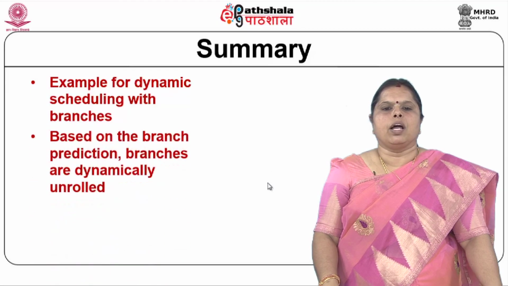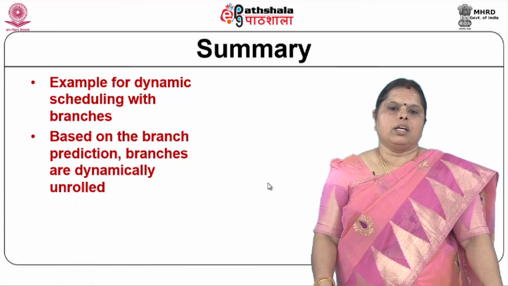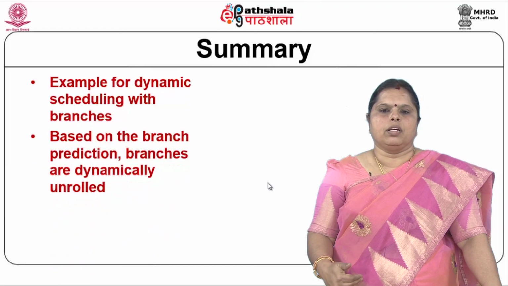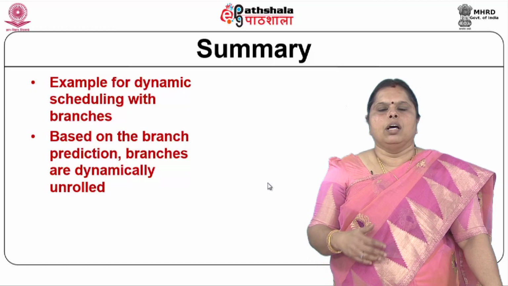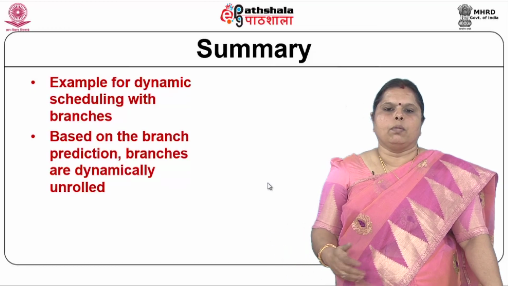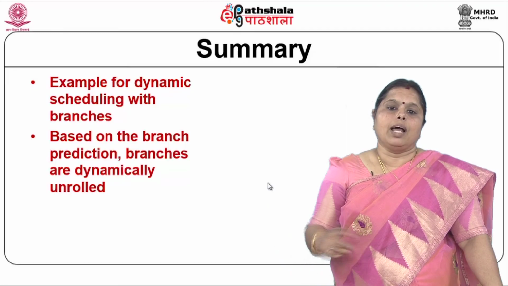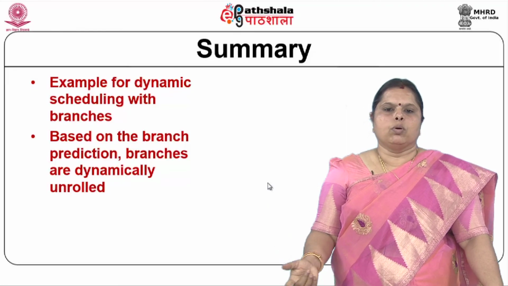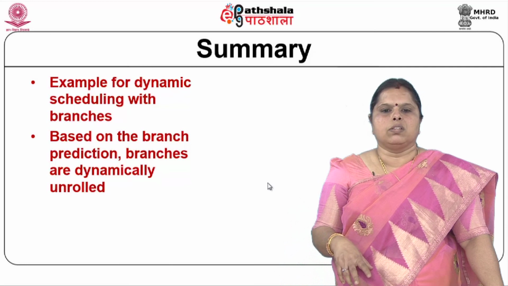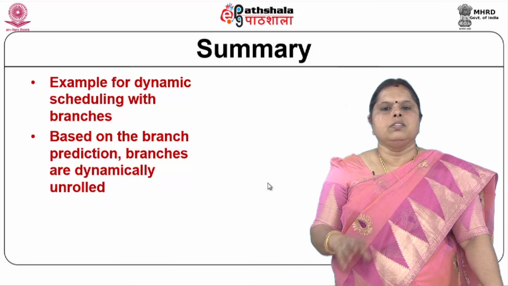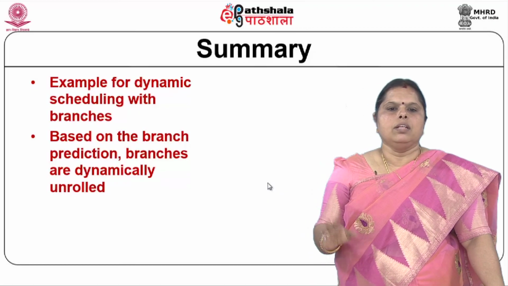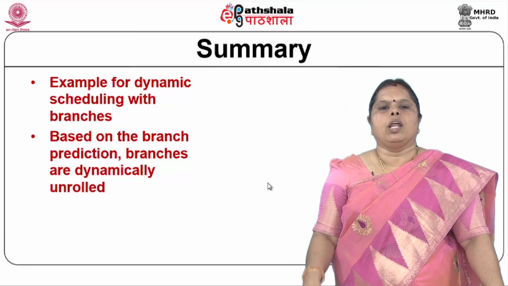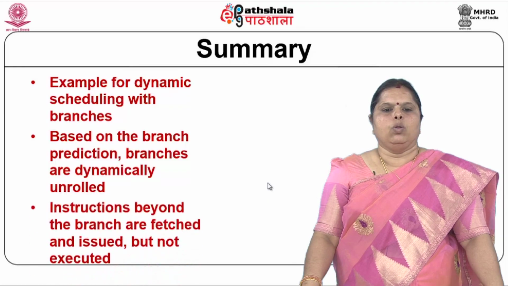We observed how the branch predictor is used, and because of the branch predictor's outcome you do a dynamic unrolling of the loop, and we find that different iterations of the loop can be completely overlapped because of the dynamic unrolling process and the register renaming process. Even though you have the same registers for all the different iterations, the renaming process maps them onto different reservation station entries, and that is how you are able to overlap different iterations of the loop.